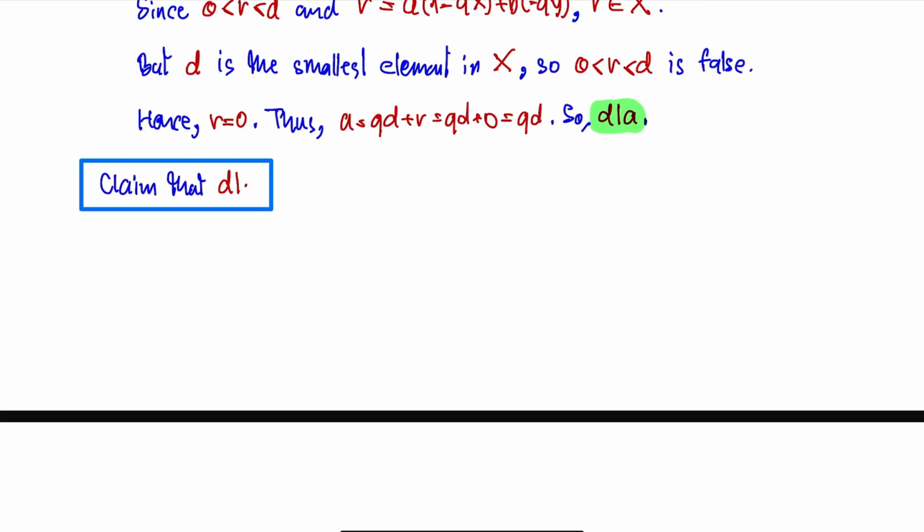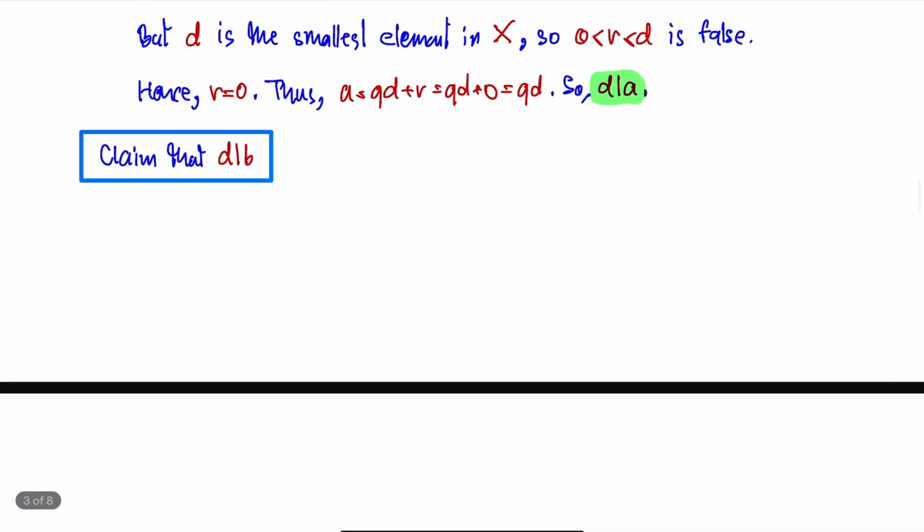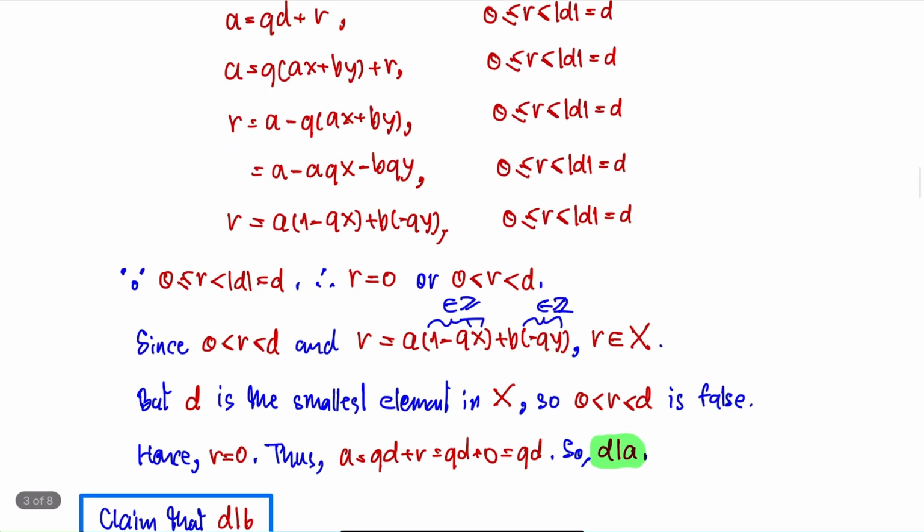So the proof is similar. We have to start with b and d, which are integers, and d is in set x, and x is a set of natural numbers.